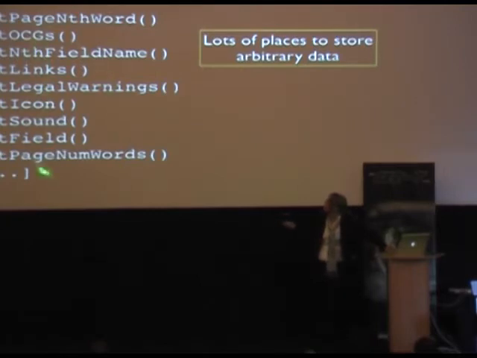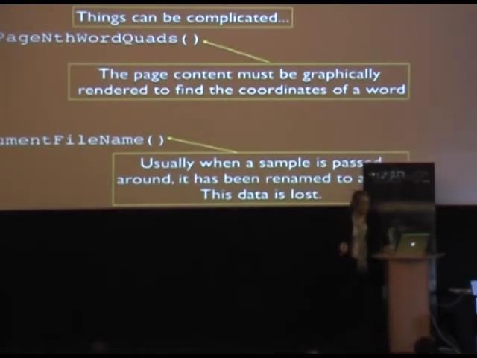So pretty much these are like a couple of the JavaScript methods for grabbing various bits of data out of the document. Get the icons, or get all the links on a page, or get the nth word on a page, and so forth, or the number of words on a particular page. And some of these can actually get quite complicated.